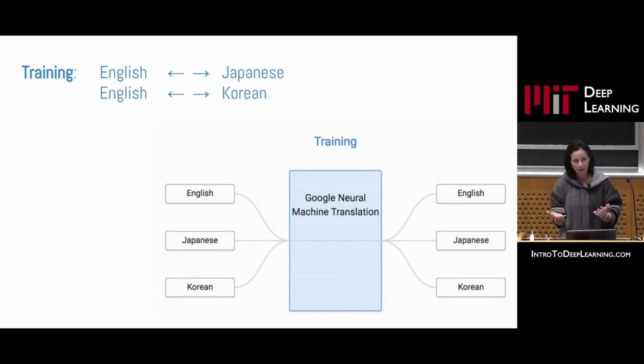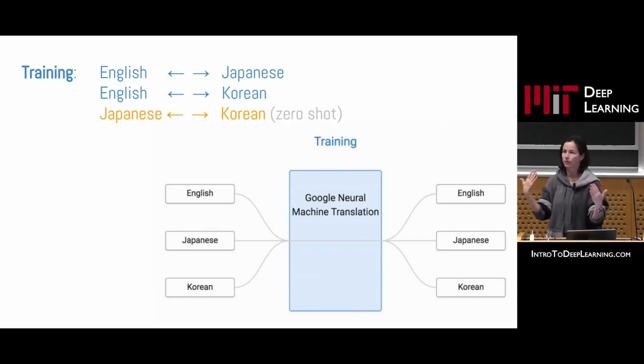Somehow this system was able to also do Japanese to Korean and Korean to Japanese without ever having seen a single example of a sentence that goes straight from one to the next, from Japanese to Korean.